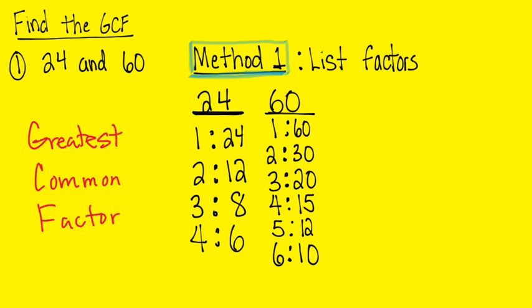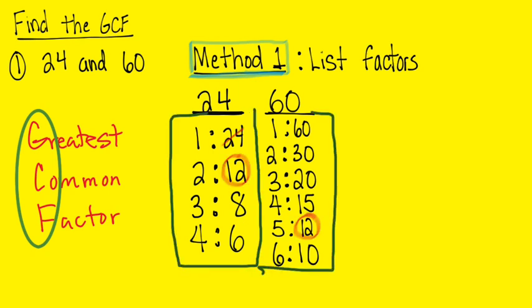Greatest means big, great. What's common is the same. And factor, well, we just talked about those numbers that multiply to equal a number. So the GCF, or greatest common factor, is going to be 12. It's the largest number, the largest factor that they have in common.